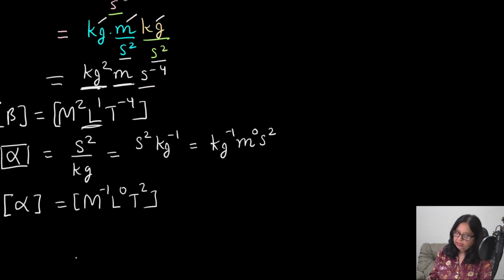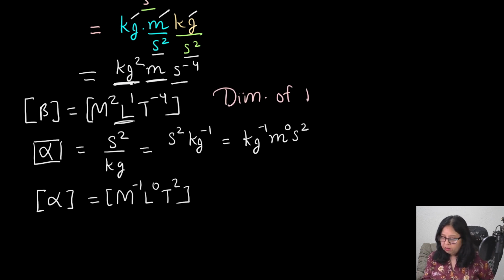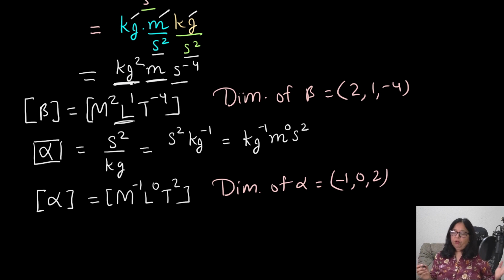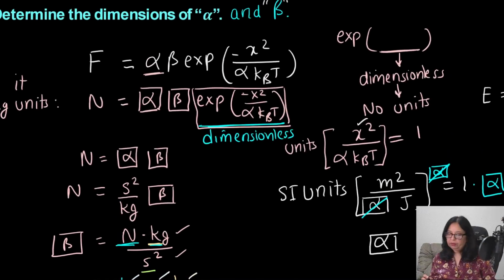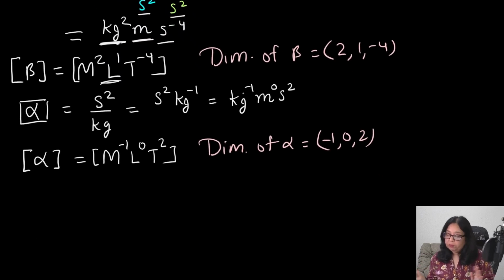So from this, we have the dimensions of beta and alpha. Dimensions of beta are 2, 1, -4, and dimensions of alpha are -1, 0, 2. We know that the dimensions of alpha times beta should give us force, correct? We knew that from over here. So let's multiply them out and see if we get the right thing.